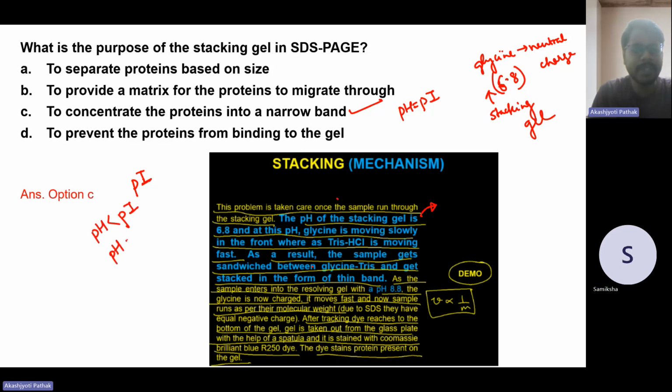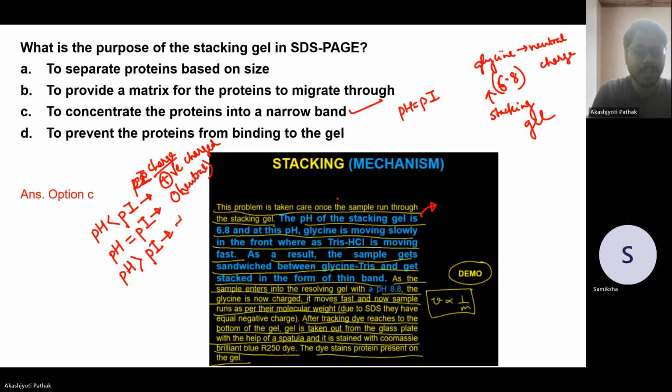If you keep your protein in a pH equal to the pI of the protein, it will be neutral, zero charge. And if the pH is greater than the pI of the protein, it will be negatively charged.